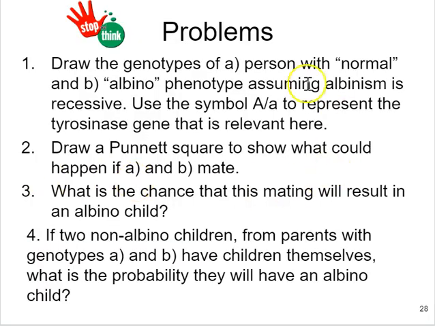Here's an example of some problems that you could work for albinism, or you could replace all of this and say that you're working it for cystic fibrosis. You could also develop problems and look at the inheritance of both with the information that I've shared with you in this video.